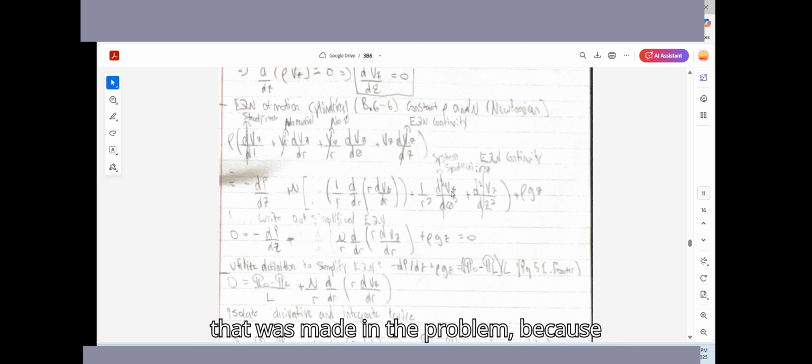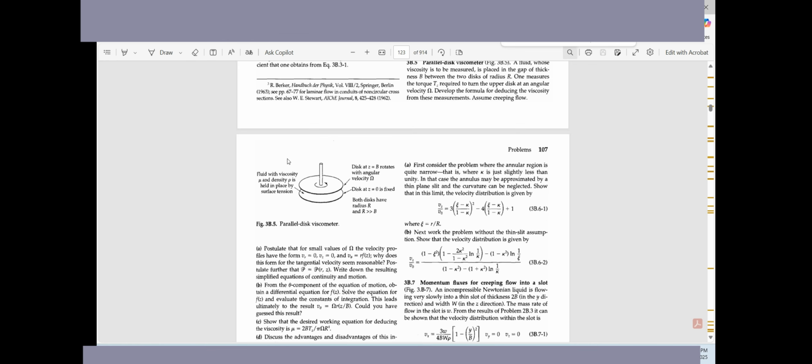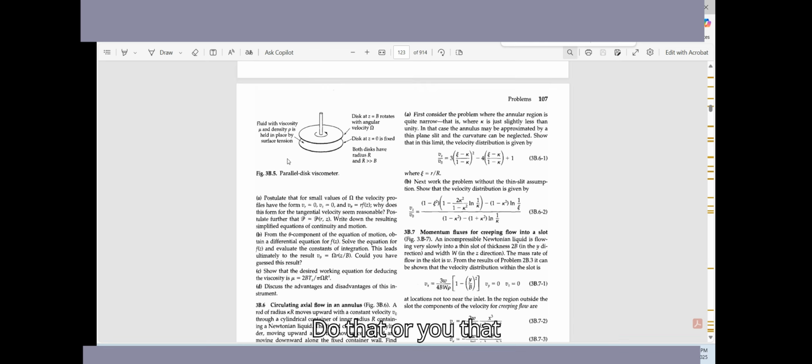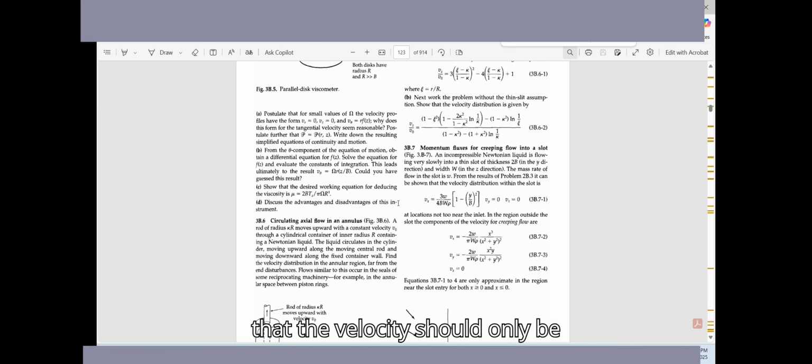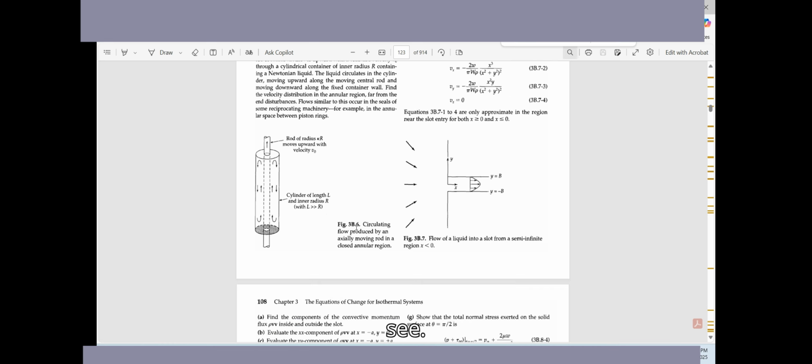And then the vz v theta term. I think this is actually an assumption that was made in the problem, because normally you wouldn't be able to just cancel this out, but I think the problem states that the velocities should only be due to the radial coordinates. Let's see.